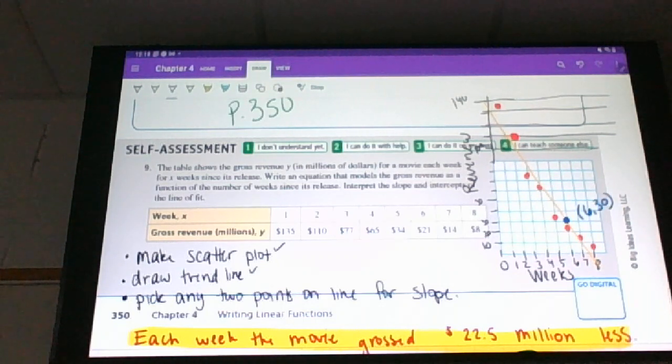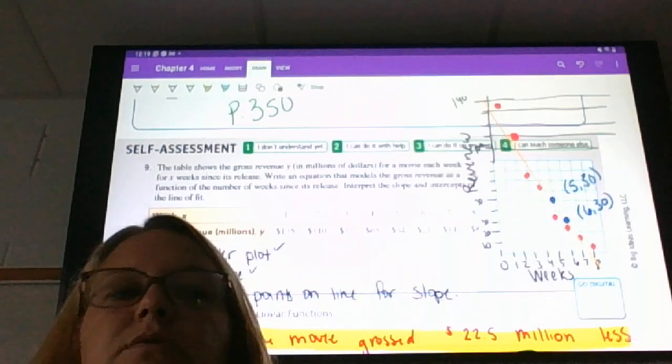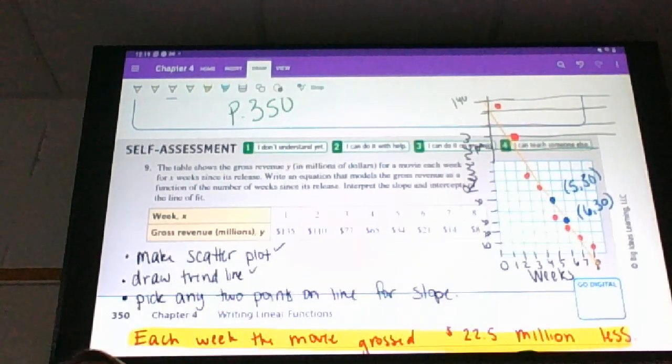And I'm going to pick this one right here, which is at 5:50. And now I'm doing everything that we've been working on this whole chapter. I'm doing slope formula. And then I'm doing point slope form. And I'm making an equation for this line through this data.